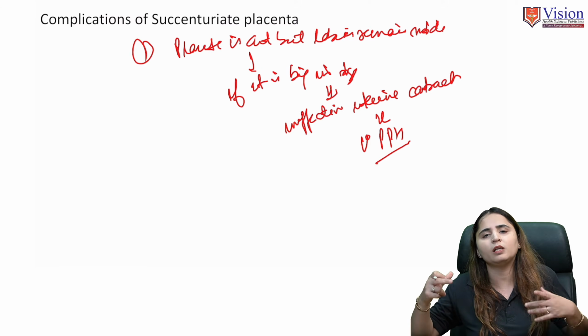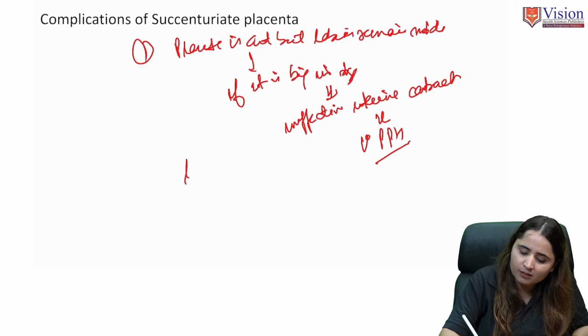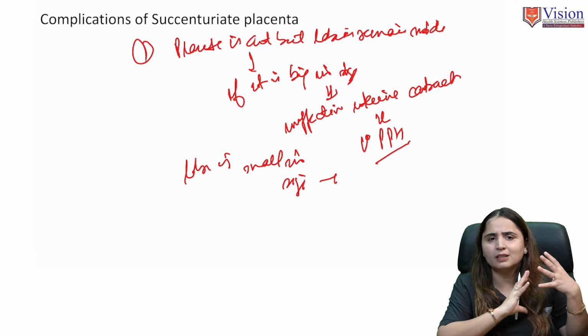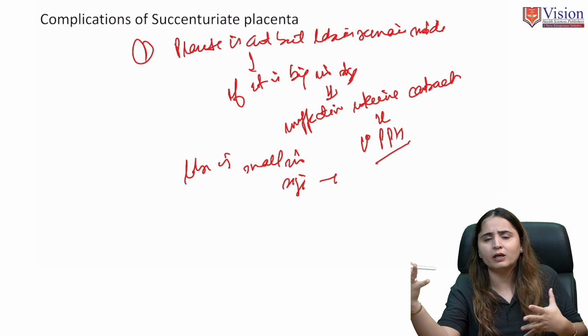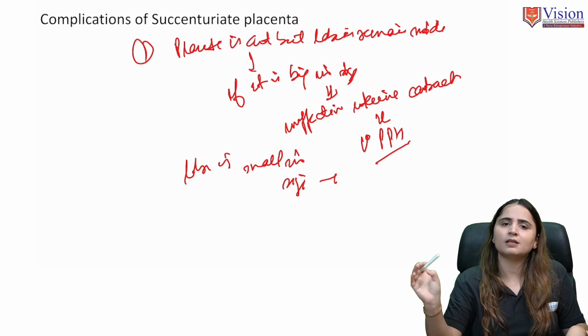Primary PPH matlab within 24 hours there is a bleeding. And if this lobe is small in size, इसका साइज छोटा था, so immediately ठीक है, वो कुछ ज़्यादा इफेक्ट नहीं देगा, but after the 24 hours it will lead to the bleeding, severe maternal bleeding.